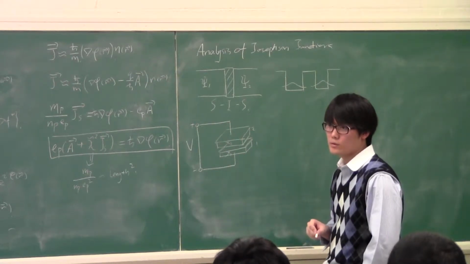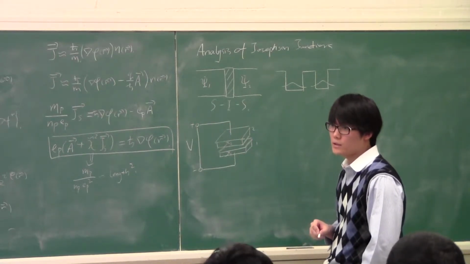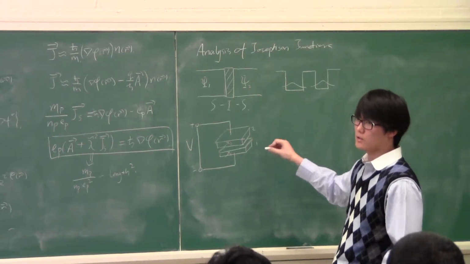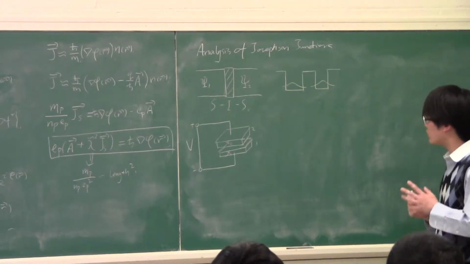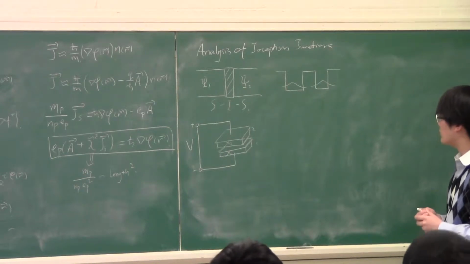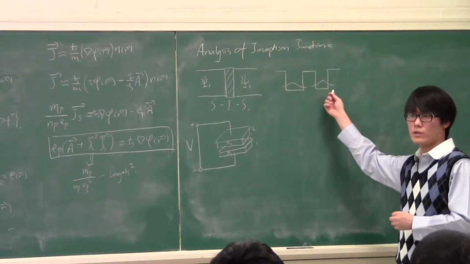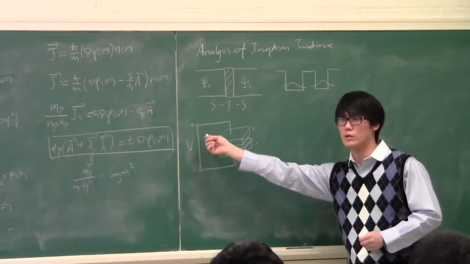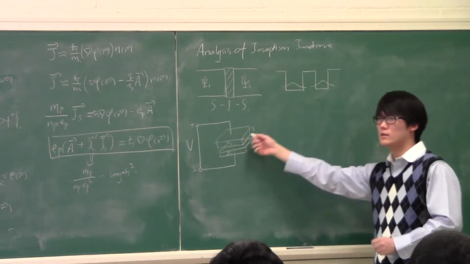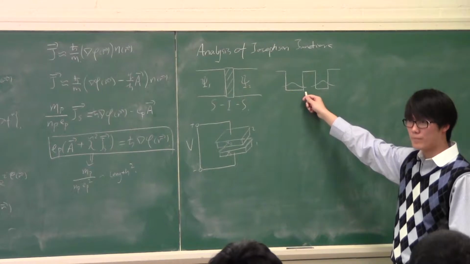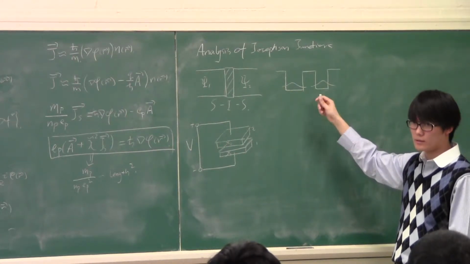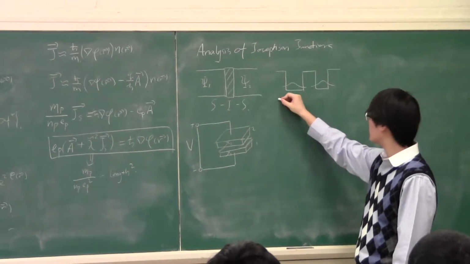Okay, and we're going to study the relation of the phase and the number of particles across this junction. So for doing that, let's just use a simple tight binding model kind of thing. But because of this bias, we no longer have a degenerate case. The two sides of the tight binding model are no longer at the same energy level. We have something like this.